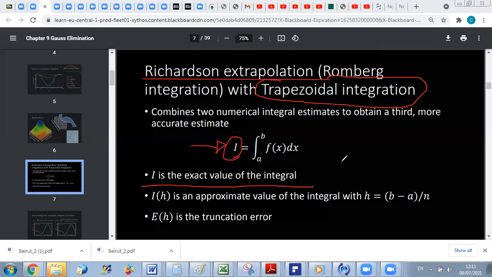So depending on the number of segments, h will vary. If we just take one segment, h will be equal to b minus a. If we take two segments, it will be (b minus a) over 2. And the larger the number of segments, the lower h will be. And we will obtain an error due to truncation, because you are just considering that your function is approximated by a linear profile, so you are neglecting all other terms.